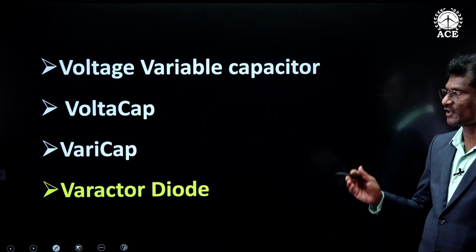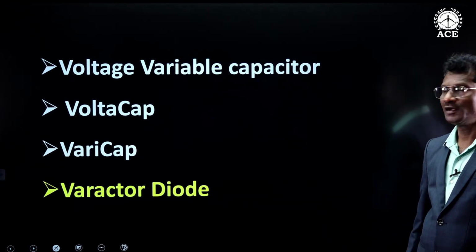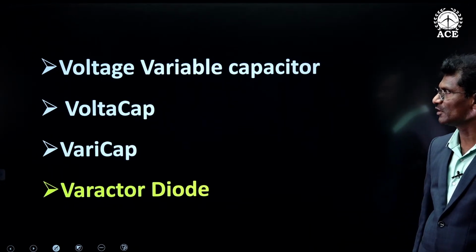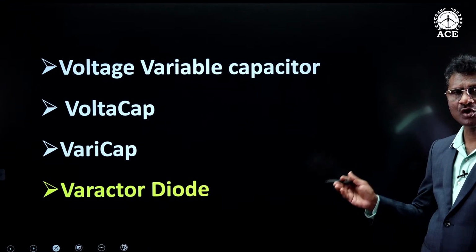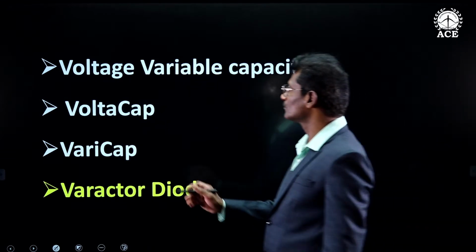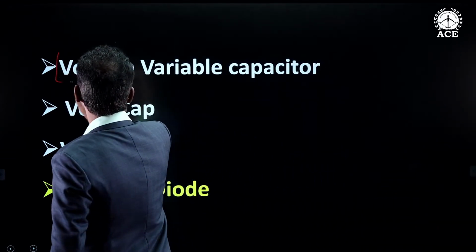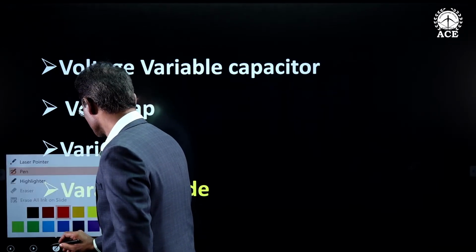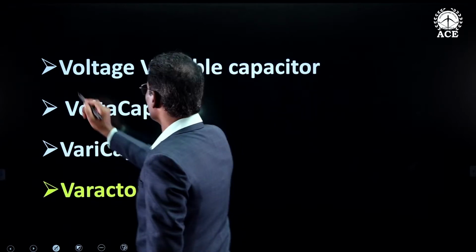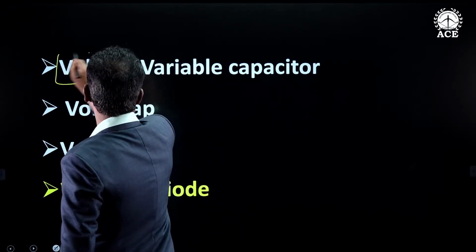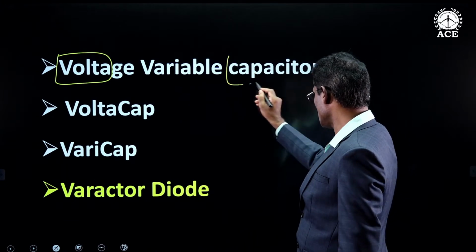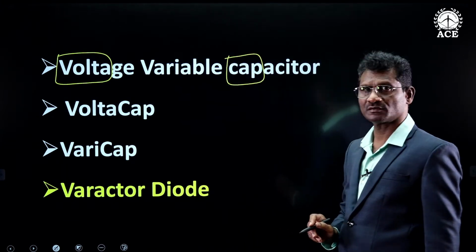Now, these are the different names for this voltage variable capacitor. It can be observed very easily as how we got these names. VOLTA, volta of voltage, CAP of capacitor.